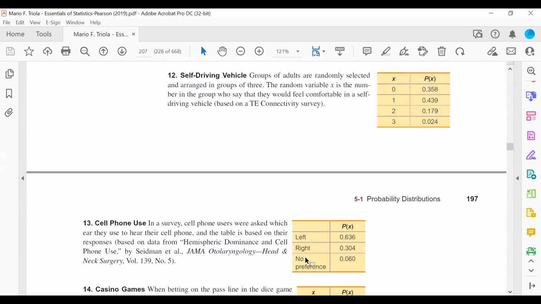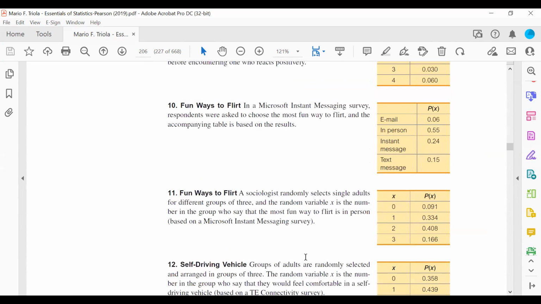Now, the ones that pass the requirements, the ones that are true probability distribution tables, we can go further and do some analysis. So let me put that in my notes. Hold on, let me share my screen.